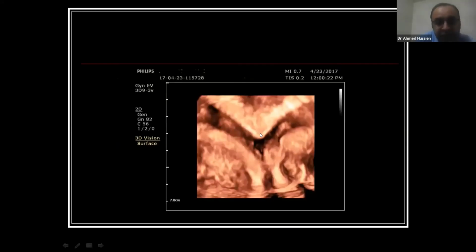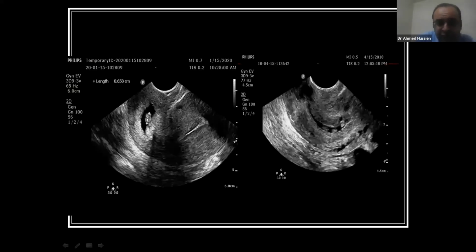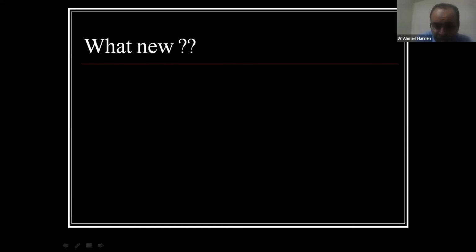This is the external indentation by bicorporeal uterus. This is banana-shaped uterus, unicornuate uterus, and this is T-shaped uterus. You can at the same time evaluate the cervix for the presence of endocervical polyps. What is new?